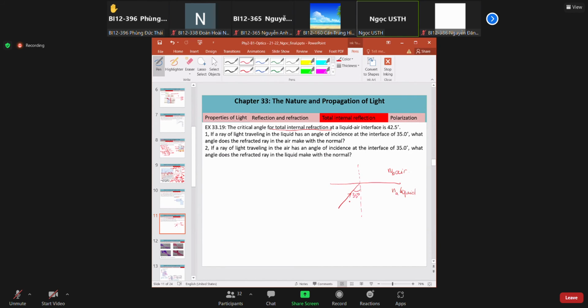Okay. And what is the next? We have the refracted ray. If I draw it like this, should it be below or higher than this ray? It should be below. Like this? Yeah. Okay.